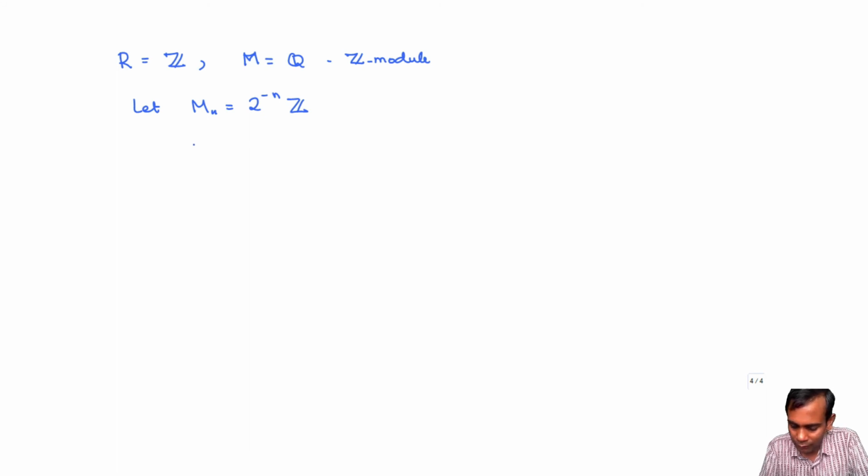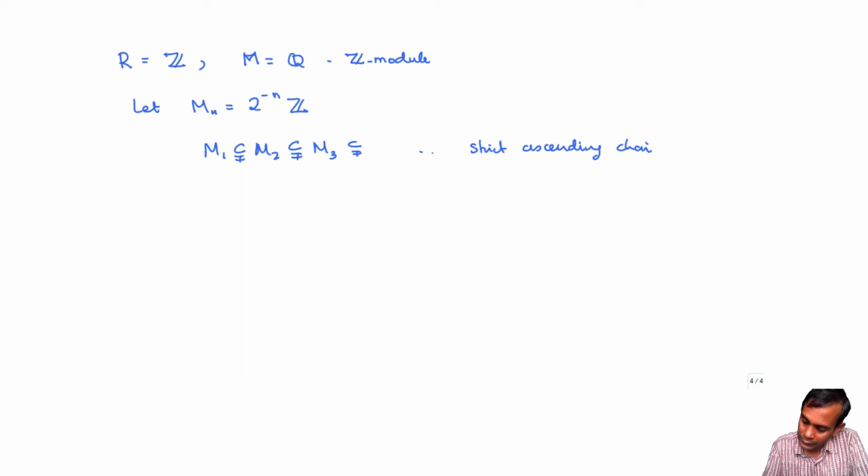And so clearly you have M1 properly contained in M2, properly contained in M3, and so on. This is a strict ascending chain. And you can easily check that these are actually Z submodules of Q. So Q is not a Noetherian Z module.